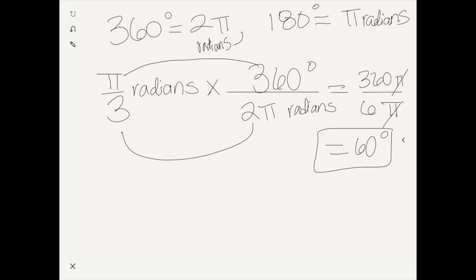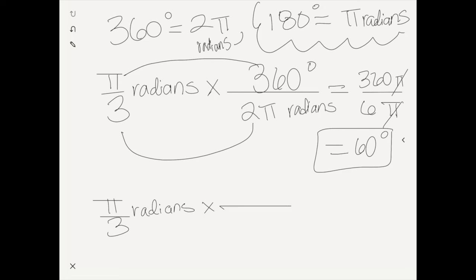If you want, you could still use this right here as your conversion factor. So if you wanted to do pi over 3 radians times, and then have pi radians at the bottom and 180 degrees at the top, that is still fine. These are equivalent. They're the same, because if you divide 360 by 2, you're going to get 180. If you divide 2 pi by 2, you're going to get pi.